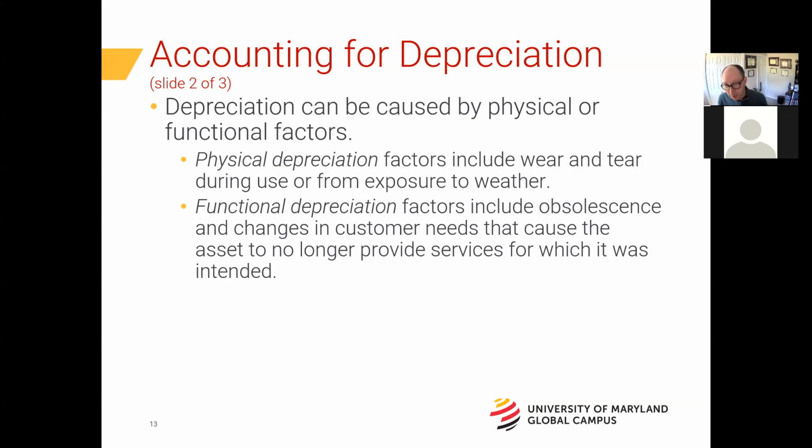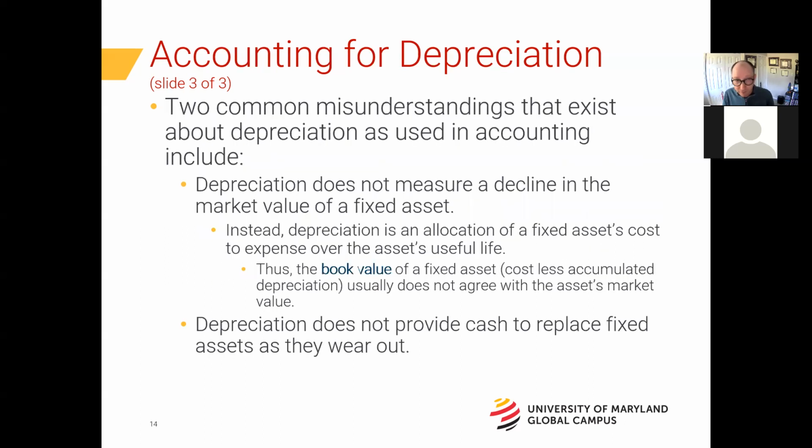And I'll do the same thing every year until it reaches a value of 0 at the end of year 5. That is the concept of depreciation. I am accounting for the obsolescence. I am accounting for the reduction in longevity of the fixed asset.